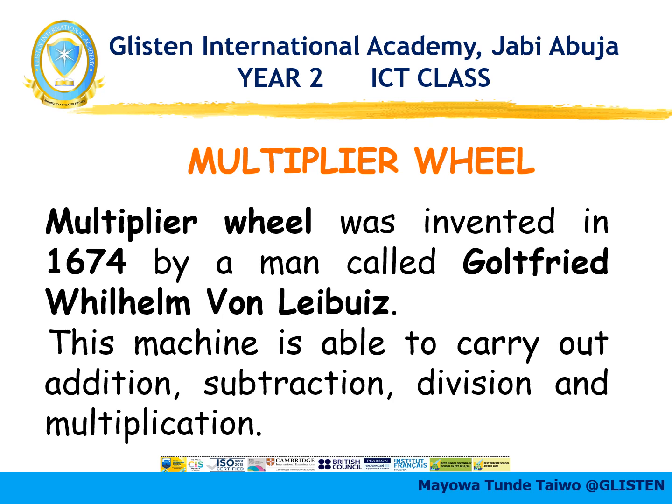The multiplier wheel was invented in 1674 by a man called Gottfried Wilhelm von Leibniz. This machine is able to carry out addition, subtraction, division, and multiplication. This is an upgrade of those we mentioned before. Please take note of the name of this as well, and also the year it was invented.